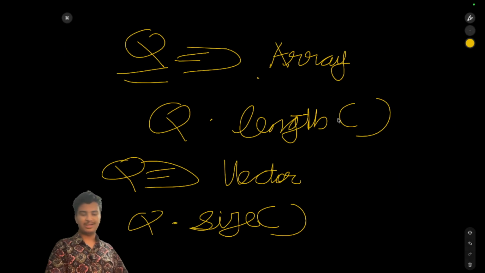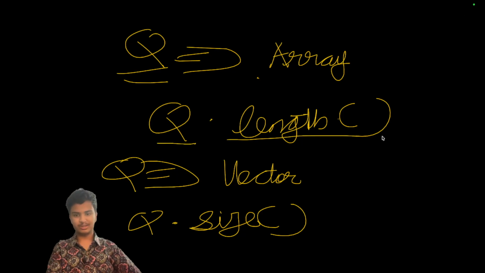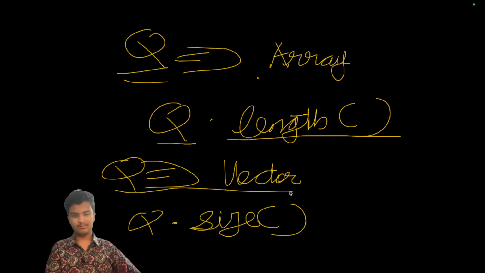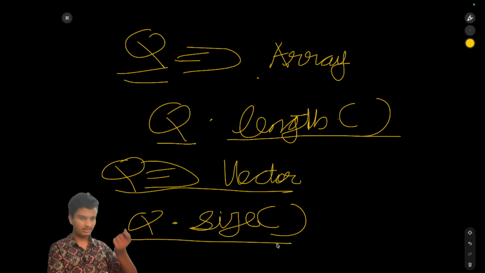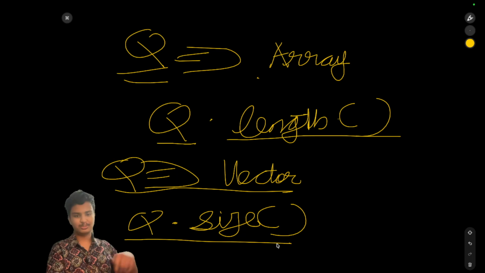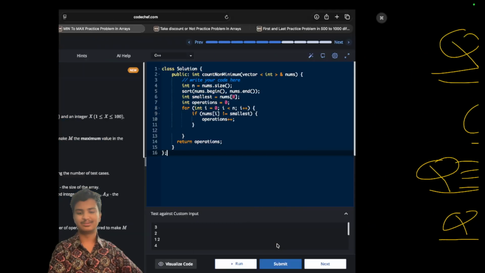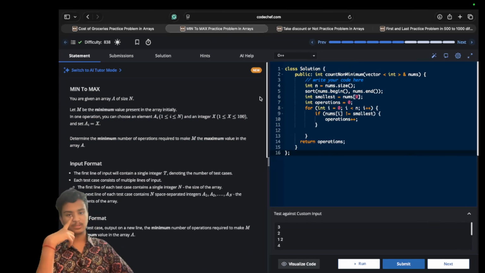The length of the array q is returned by q.length, while the length of vector q is returned by q.size. That took me half an hour to figure out. It sounds shocking, but it's a caveat I noticed of C++, which distinguishes it from JS, where basically every array is just a vector, technically.